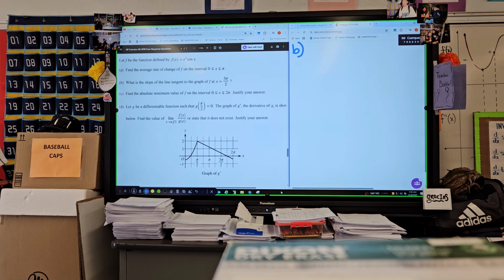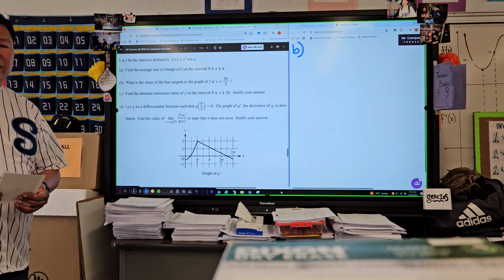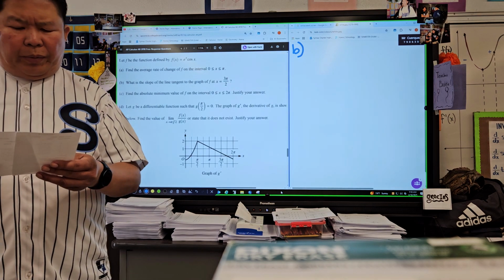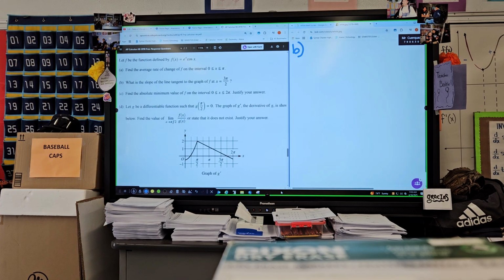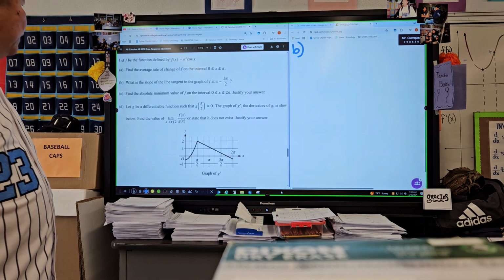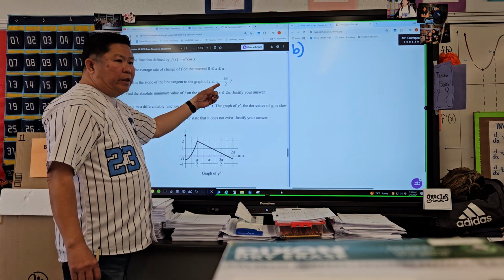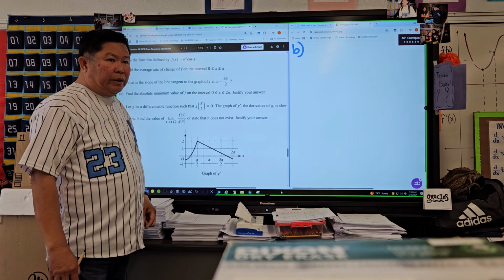What is the slope of the line tangent to the graph of f at x equals 3 pi divided by 2? So which means we're solving for the slope of the given function f of x is equal to e to the power of x times cosine x, evaluated at x is equal to 3 pi over 2.